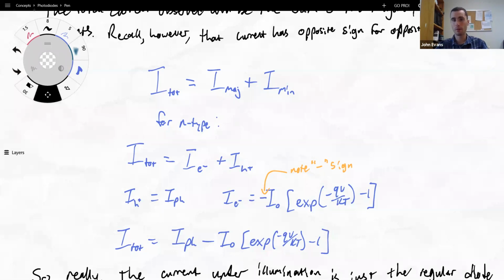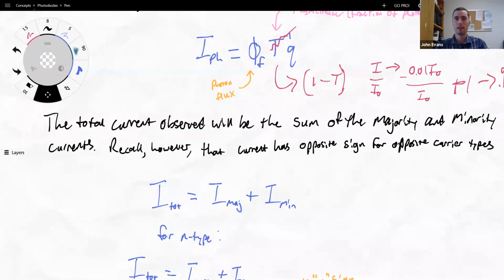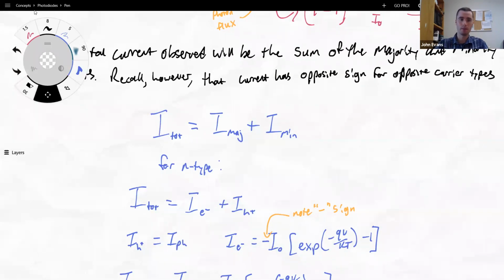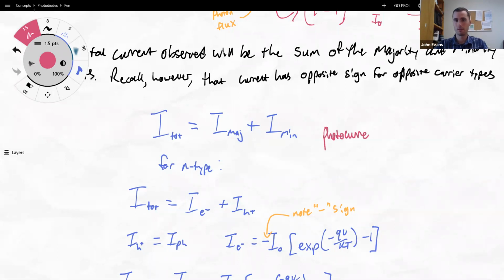And we know from up here that the photocurrent is just equal to the minority carrier current, because the minority carrier current from other sources is insignificant in comparison.